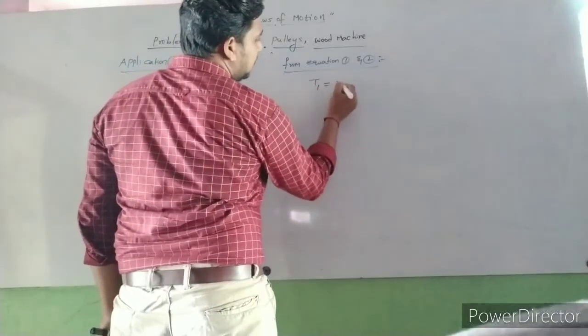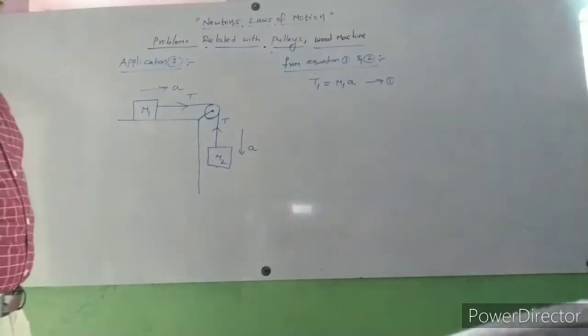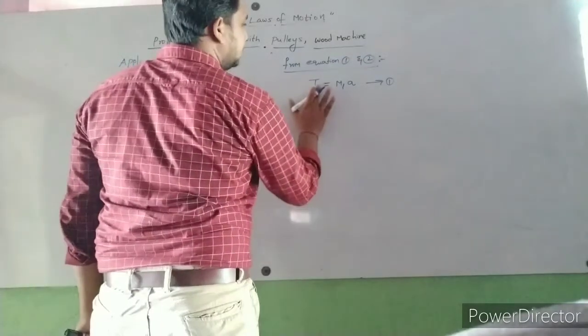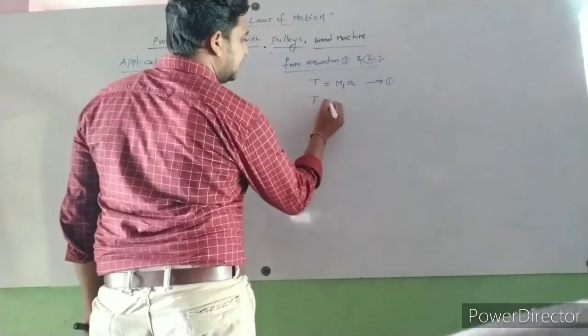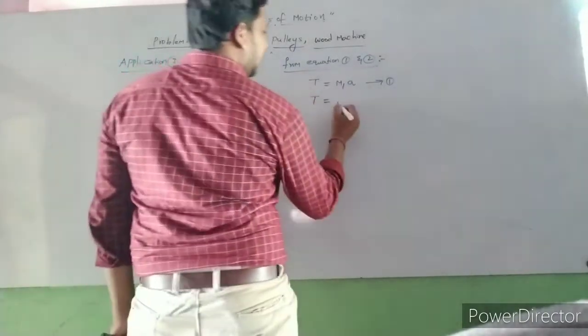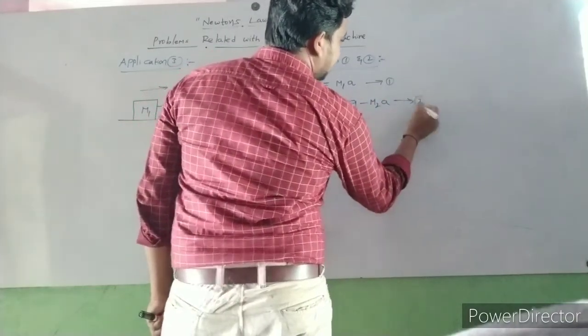T is equal to m1 into a. This is equation 1. Next, the second equation, T is equal to m2g minus m2a. This is the second equation.